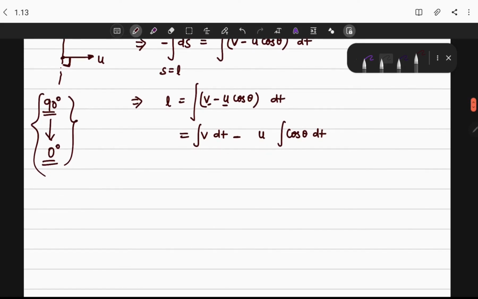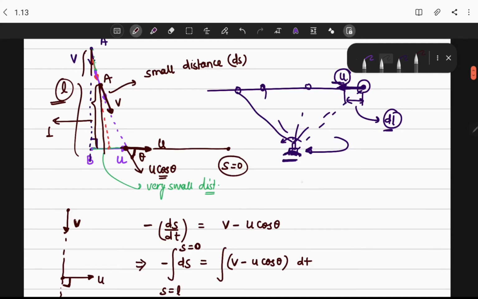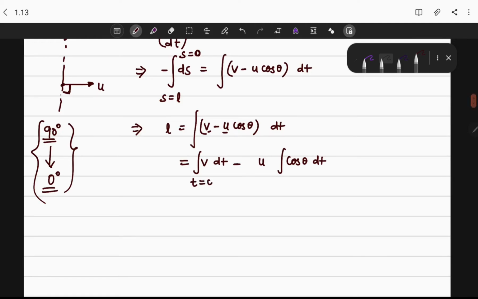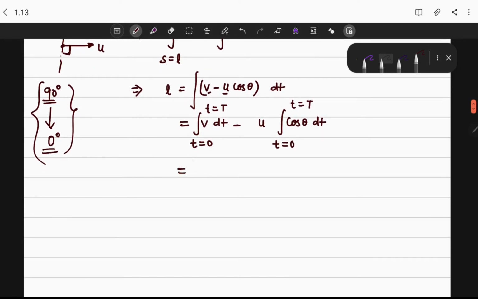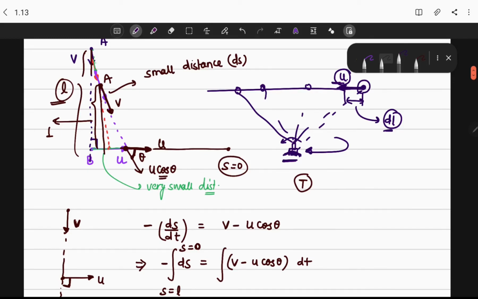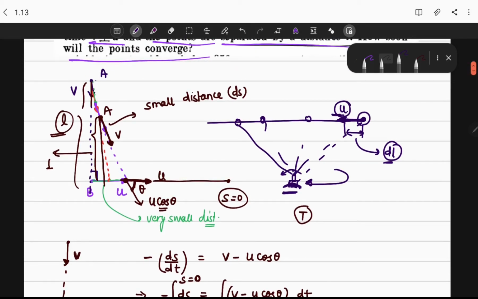Let us say the total time to converge is capital T. So we can write the limits of integration t is equal to 0 to t is equal to capital T, and here also t is equal to 0 to t is equal to capital T. The integration of dt is T, so we can write vT minus u times integral of cos theta dt from t is equal to 0 to t is equal to T. Now if we talk about the component of the velocity in the horizontal direction, A has the velocity of how much?